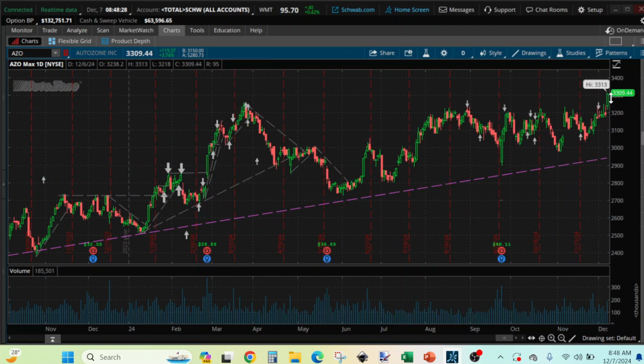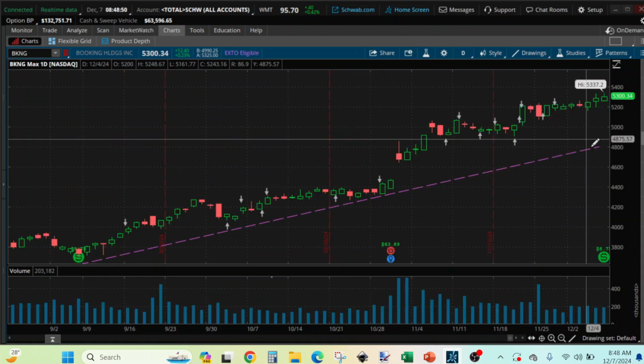So when it pulled back to that line, to the trend line, we will buy. The next one is BKNG. So there is that line that we like to buy on, another trend line, but at this point it's going up away from it, so we'll wait on it.